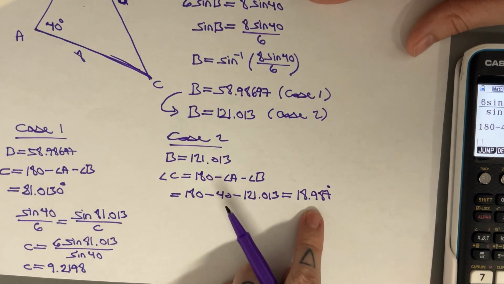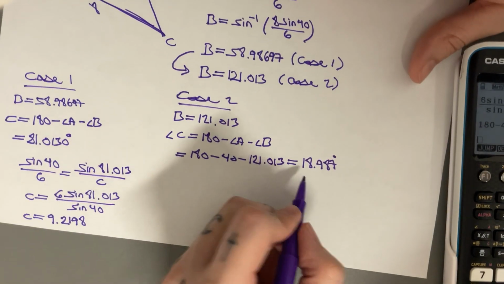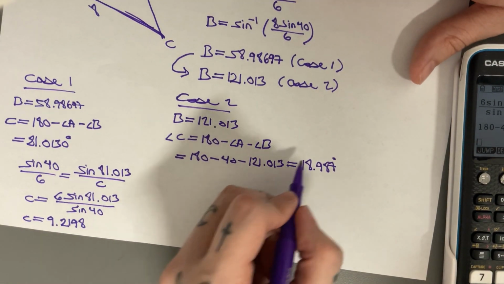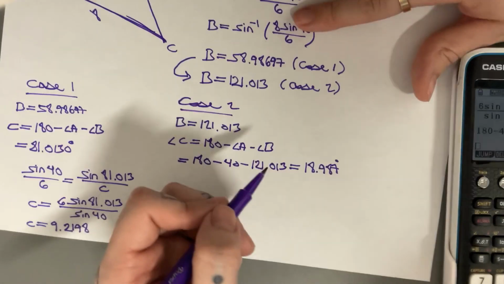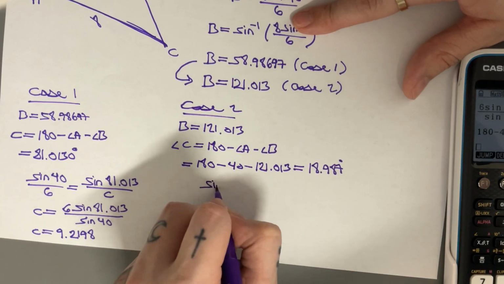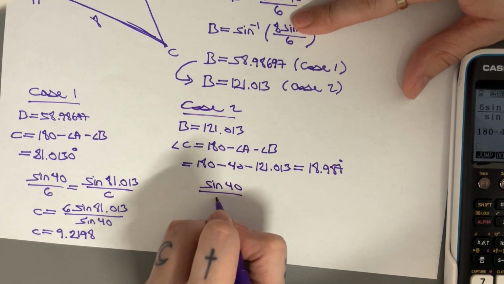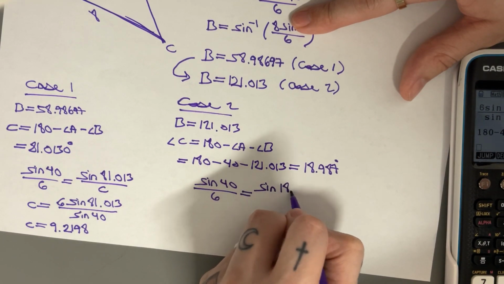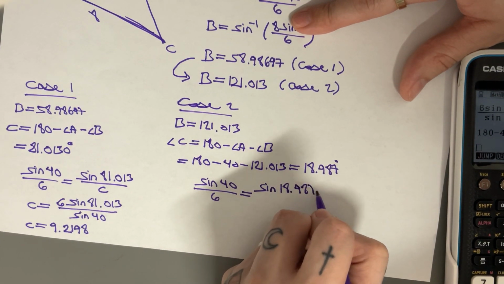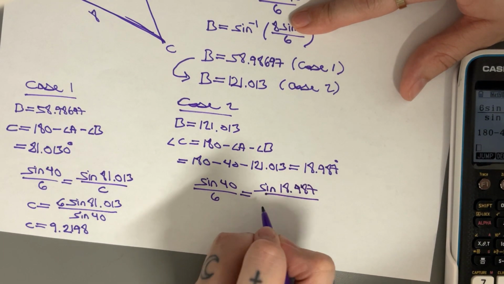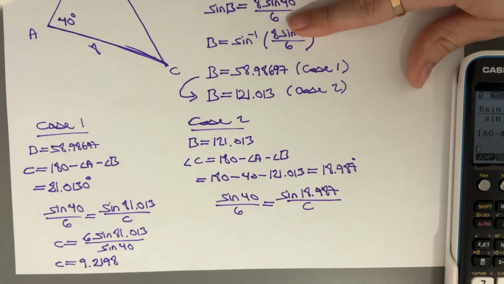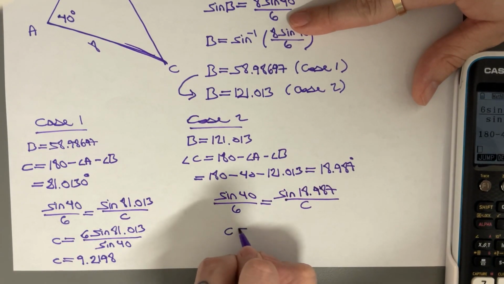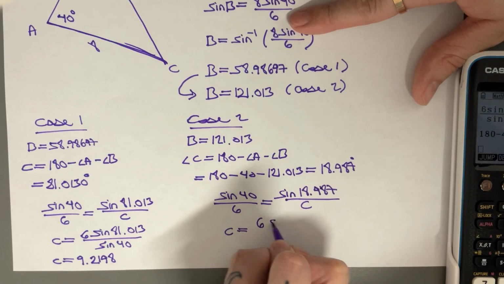So now that I have this angle, now we're going to go back and do law of sines to find out what side C would be in this case if it's only 18.987 degrees. So I'm still going to do sine 40 over 6, and then that's going to be sine 18.987 all over side C. So once again, I'm going to skip a few steps.